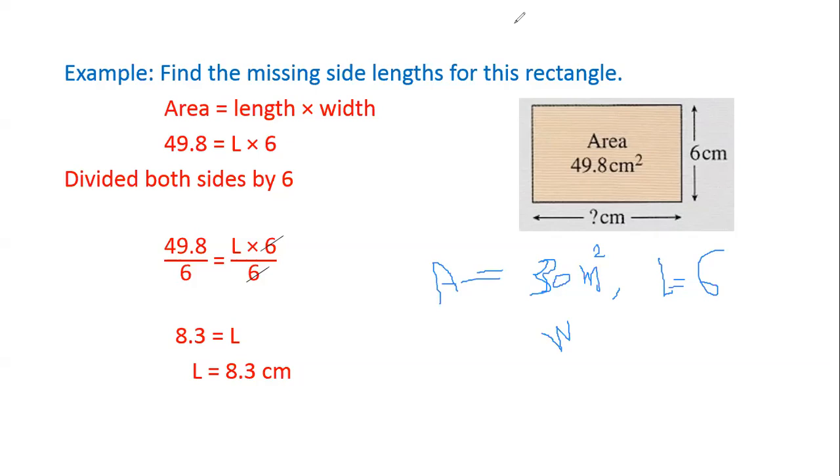But here you are talking about width, W, or even length, L, so you write meter or centimeter without power 2, because power 2 is only for area. So W will be 5 meter. Yes, exactly.